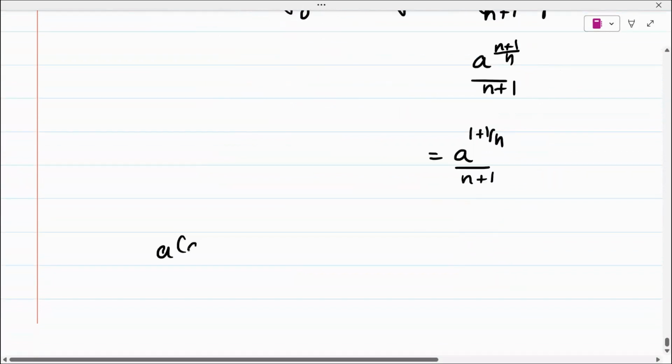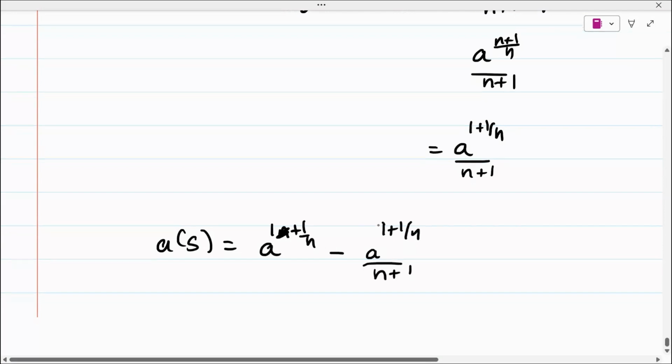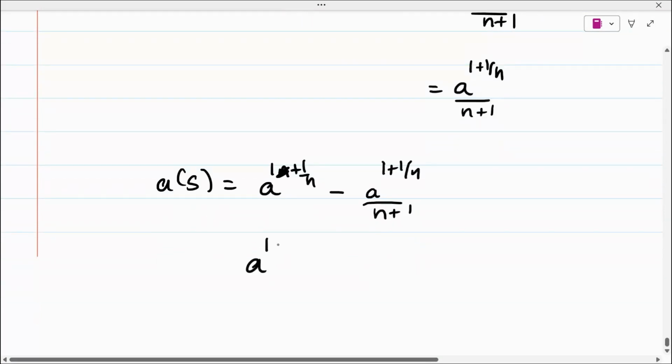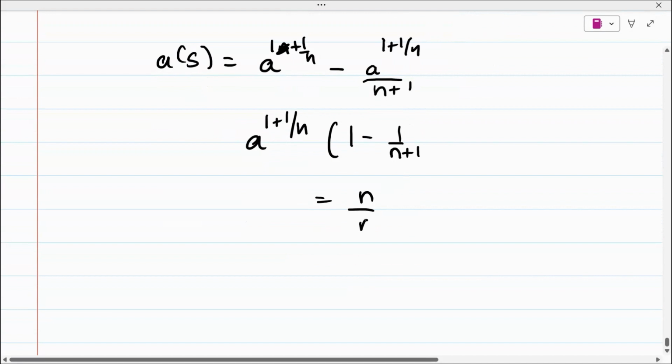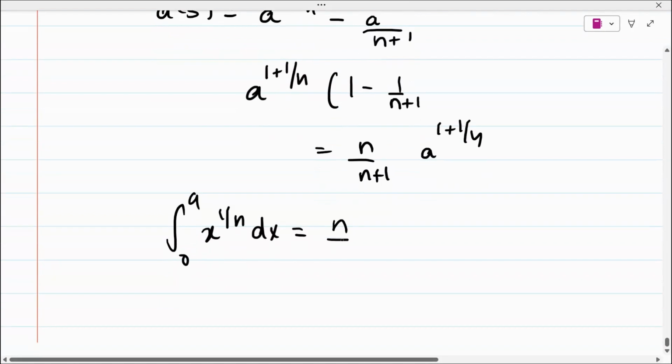So now we come to the area of S equal to A to the power 1 plus 1 by n minus A of T, which is equal to, or this can also be written as, okay, that doesn't matter.